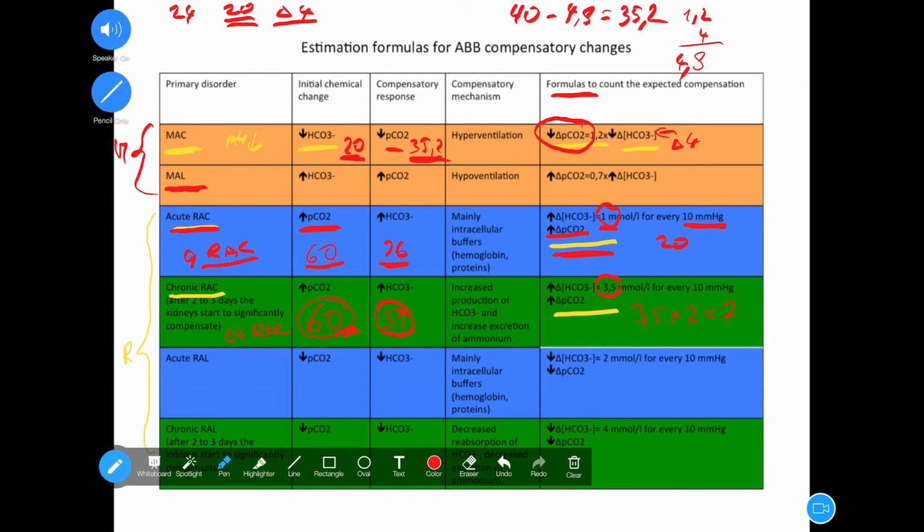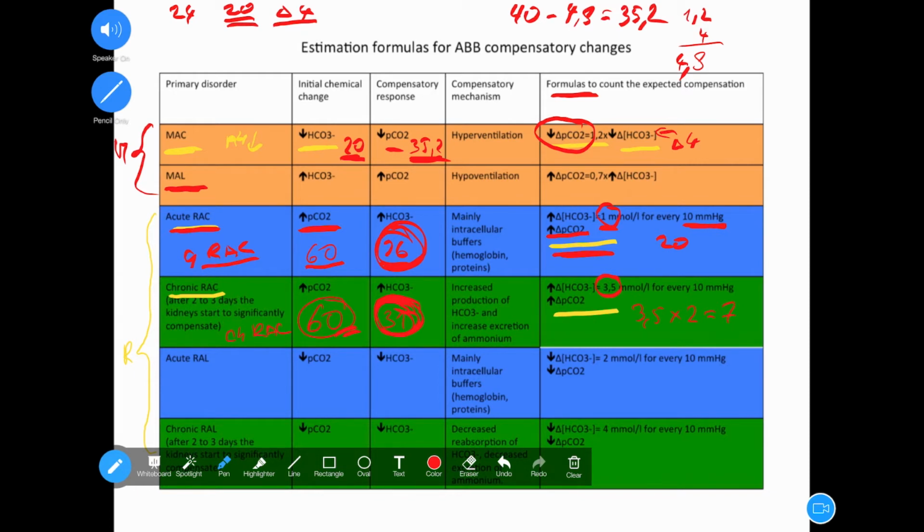Okay? With only compensation, pure compensation. In case someone comes to me, I take his blood and I can see he has respiratory acidosis, and he fits one of these numbers, I can say either it's acute or chronic. In case it's not fitting it, it's going to be maybe 40 or maybe 20.